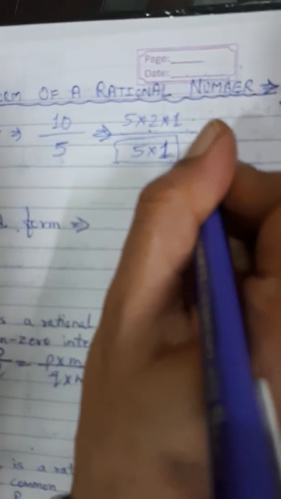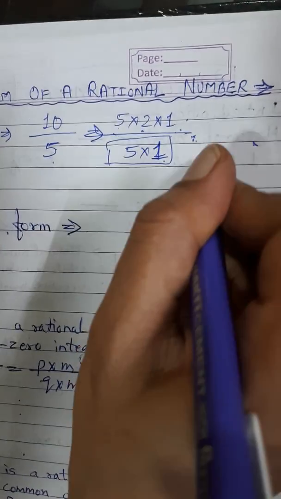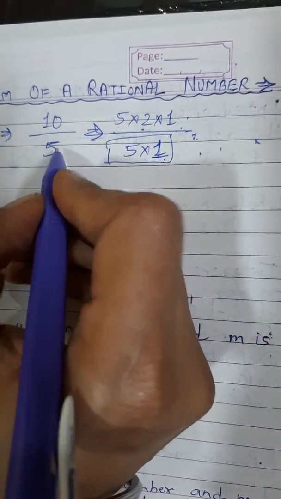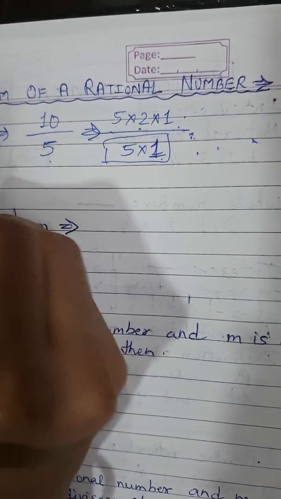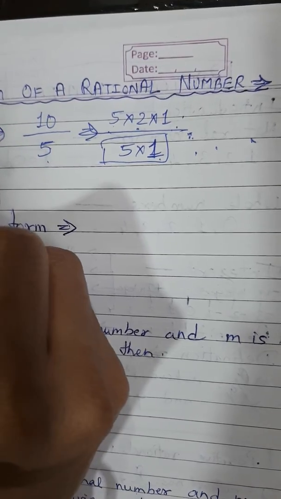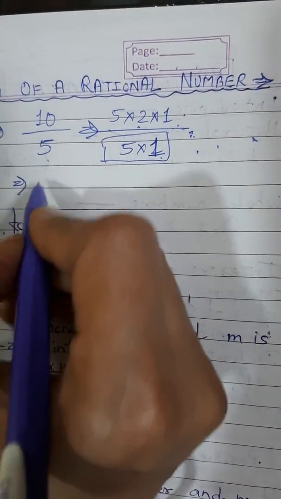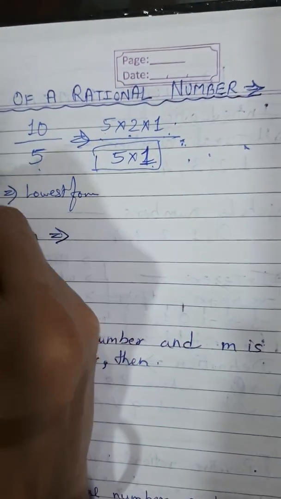So this is not the lowest form of a rational number. If we want the lowest form of this rational number, then we need 2 upon 1. This is the lowest form of the rational number.